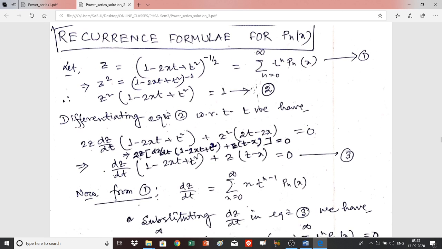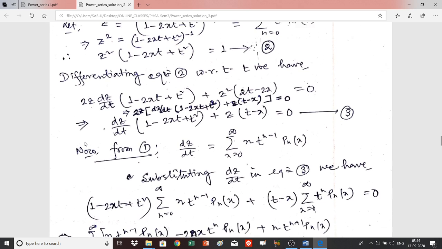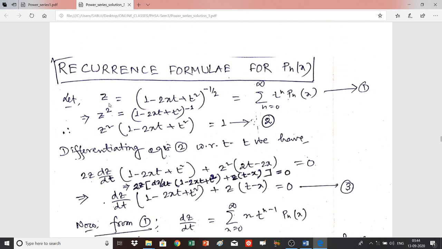Now take 2z as a common term. From the first term, dz by dt into (1 minus 2xt plus t squared), and then plus z, from here it will be only z, and 2 is taken common. So here z and here (t minus x), that is equal to 0, or (1 minus 2xt plus t squared) dz by dt plus z into (t minus x) is equal to 0, since 2z is not equal to 0.